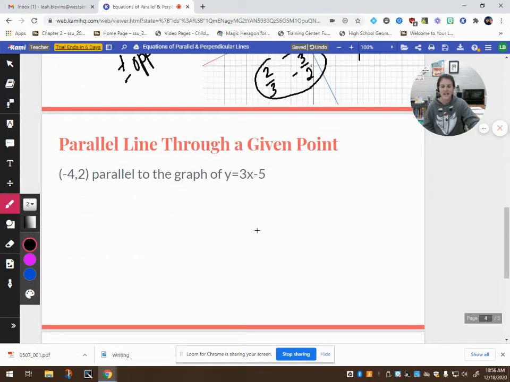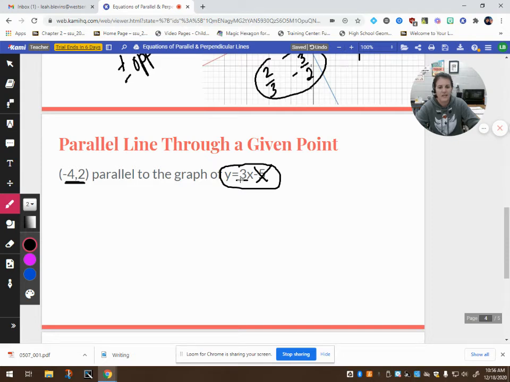So let's take that information now and gather some puzzle pieces together and try to fit them together. So this problem tells me we have a parallel line that passes through this point, and it's parallel to the line of this equation, to the graph of this equation. So let's think about, what do I need from this? Do we care about the y-intercept? Nope, means nothing to me.